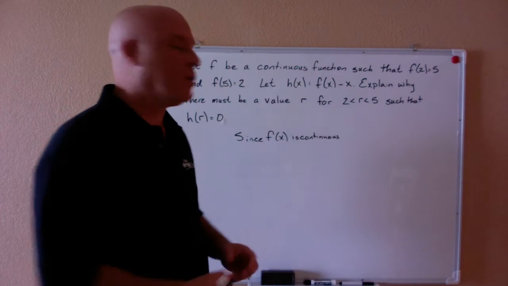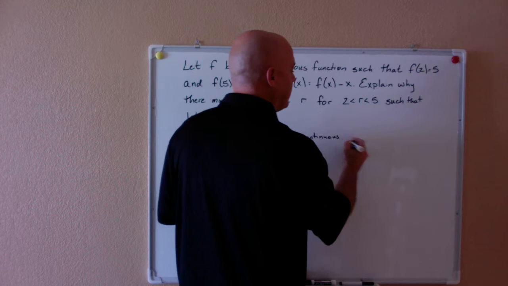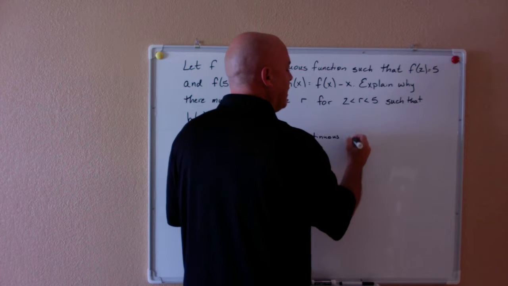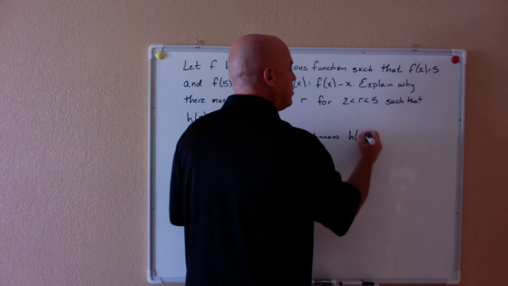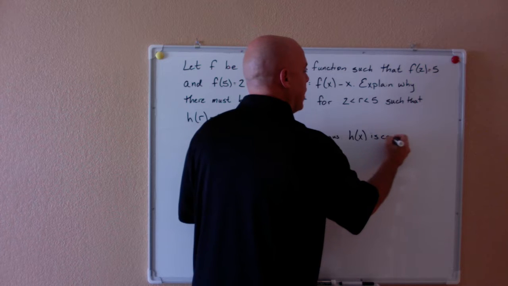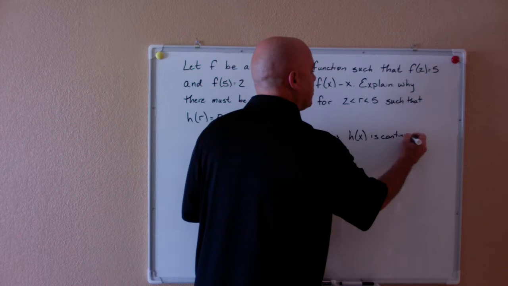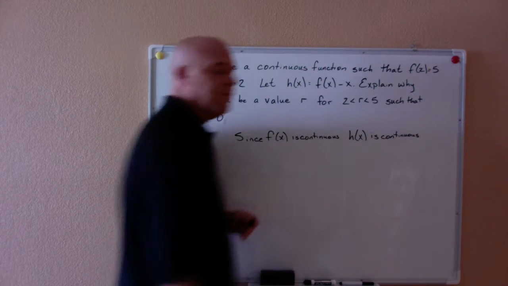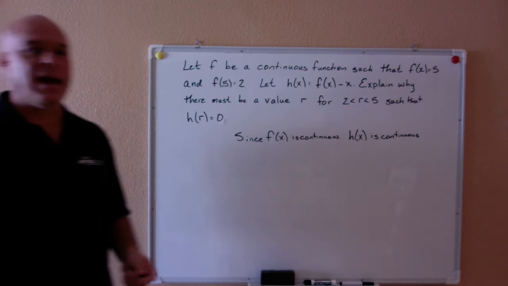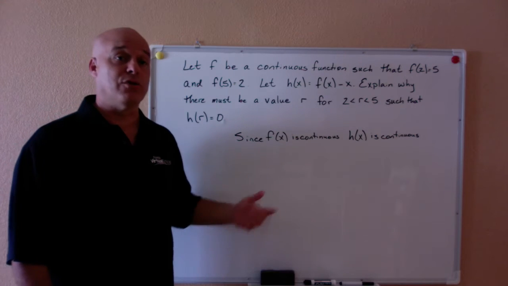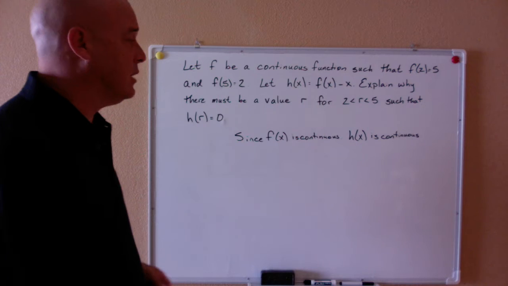That means that function is going to be continuous as well. So since f is continuous, that guarantees me that h of x is continuous as well. That's an important piece of this puzzle because I can't use the intermediate value theorem unless I know that I have a continuous function. So now I've resolved the issue of whether or not I have a continuous function.